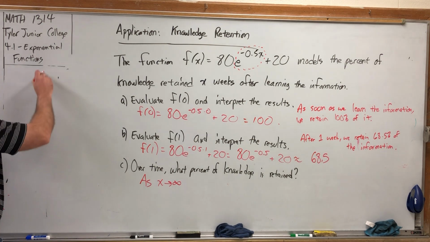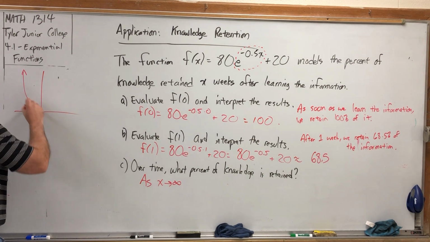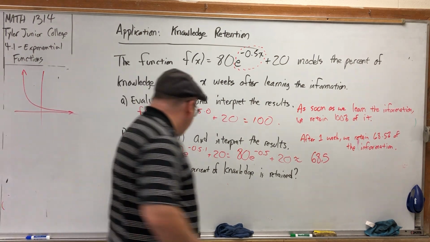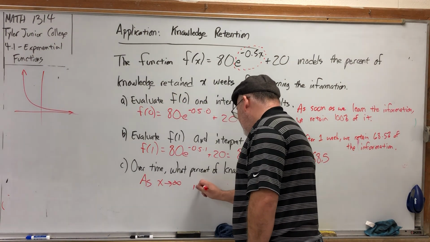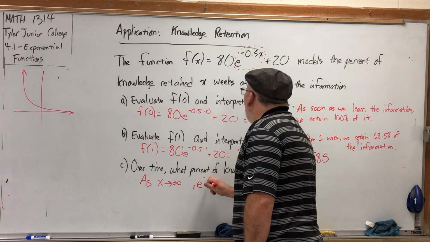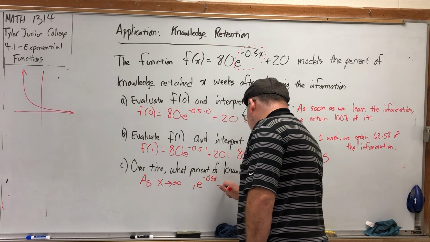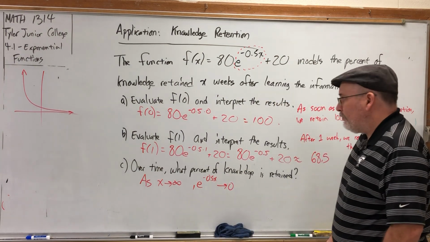And without the 80 or the 20, I know what this does. This gets closer to 0. As x approaches infinity, e to the negative 0.5x approaches 0.